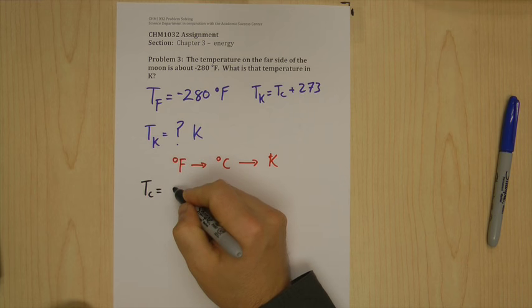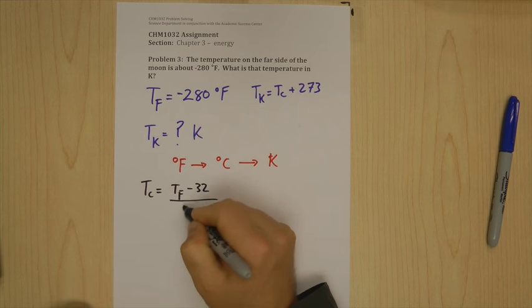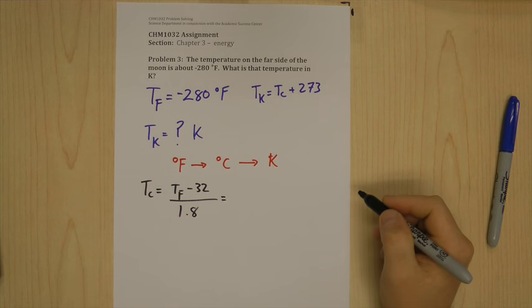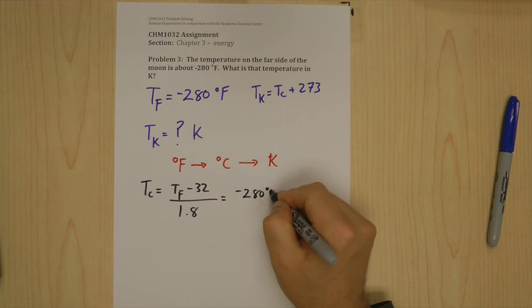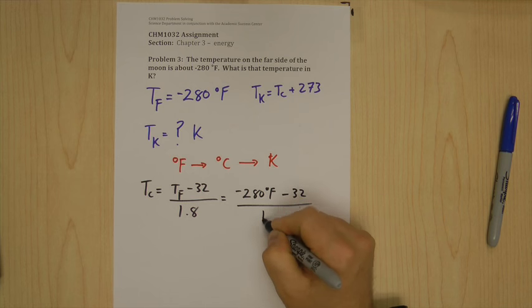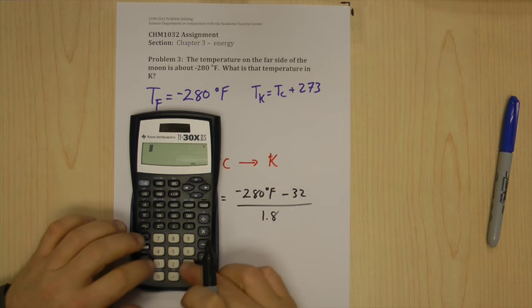TC equals TF minus 32 divided by 1.8. That expression, as always, will be given to you on the exam. Negative 280 degrees Fahrenheit minus 32, all divided by 1.8. Get out our handy dandy calculator.